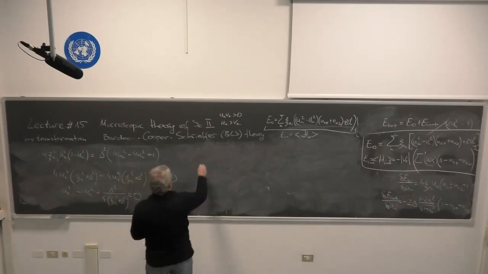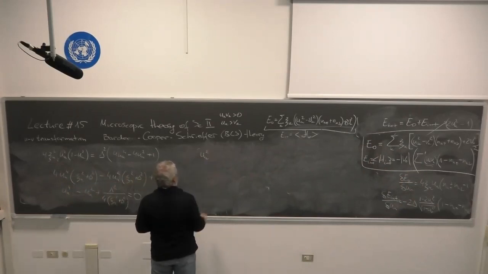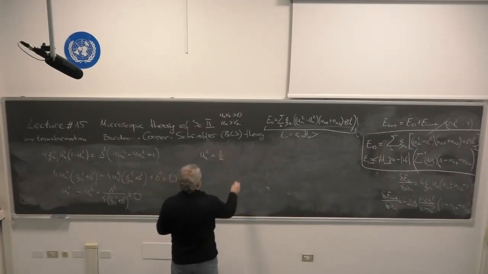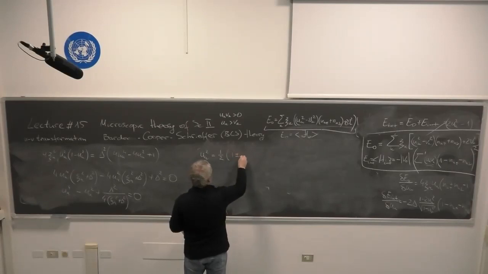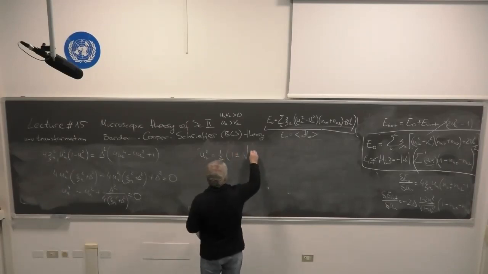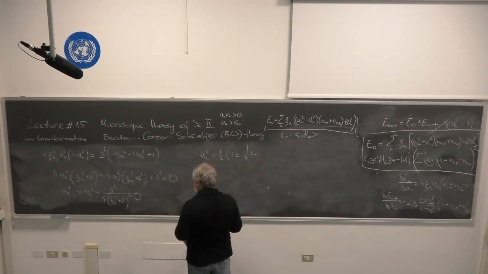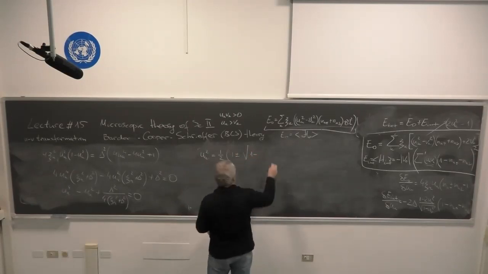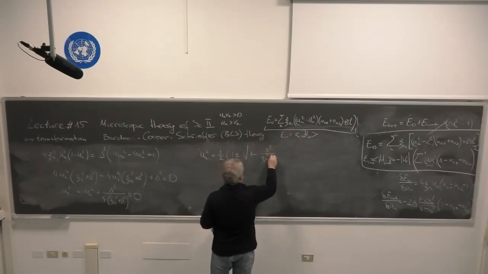So, uk squared is equal to 1/2 (1 plus or minus the square root of 1 minus delta squared over psi k squared plus delta squared).